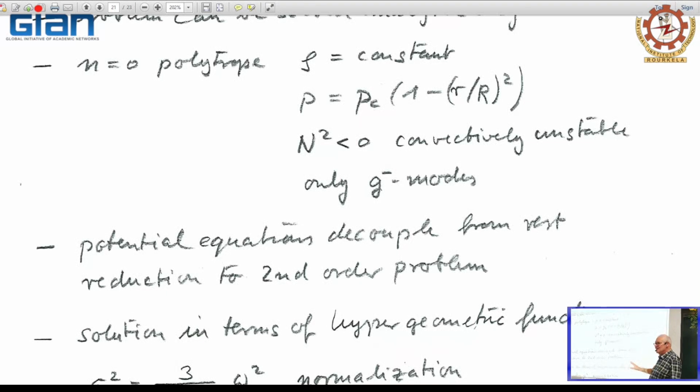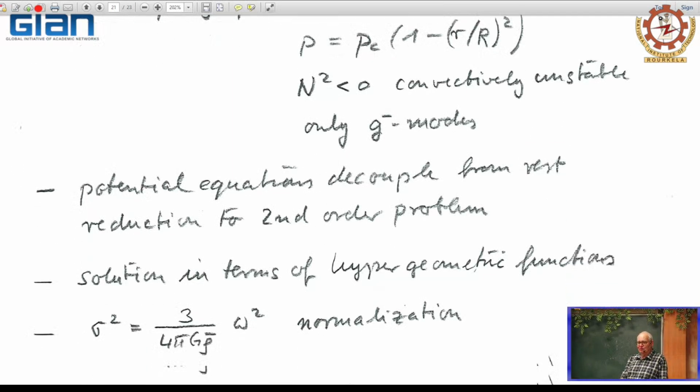In this case, Poisson's equation for the potential decouples from the rest, and due to this decoupling, the perturbation equations reduce to a second-order problem, which then can be solved analytically in terms of hypergeometric functions.